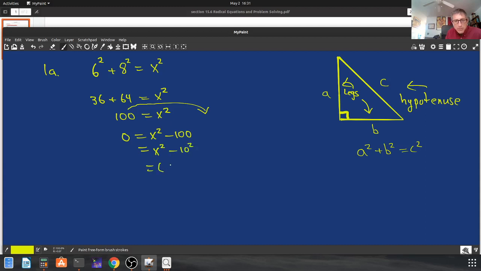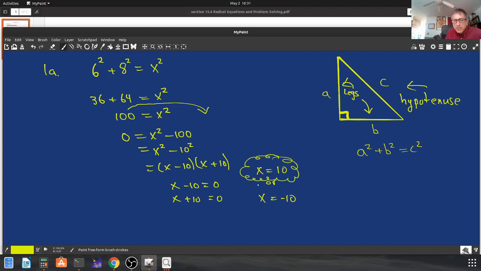So that's equal to x minus 10, x plus 10, the difference of squares. And we set each one of these equal to 0. And we get x is equal to 10, or x is equal to minus 10. But we're looking for the length. So only one of these matters, and that's x is equal to 10.